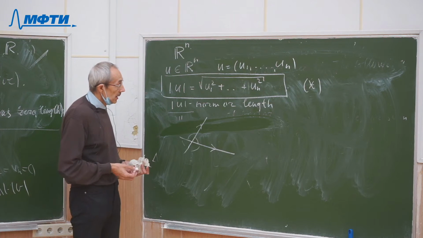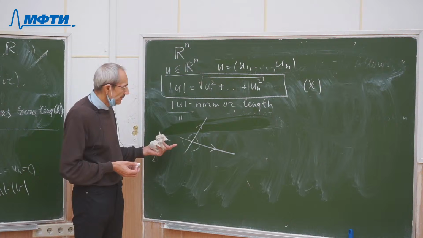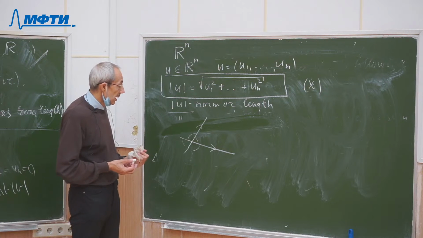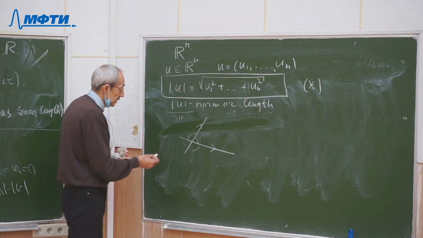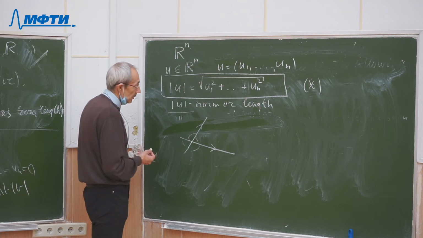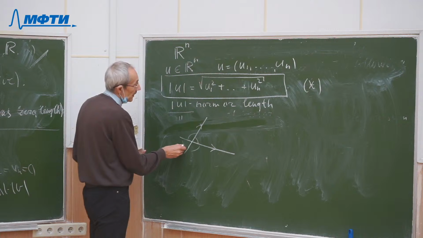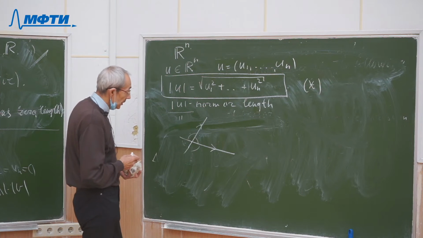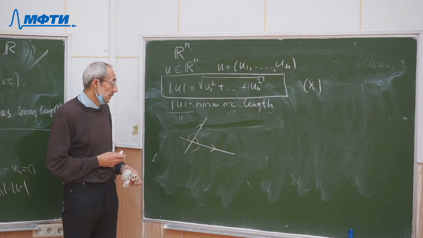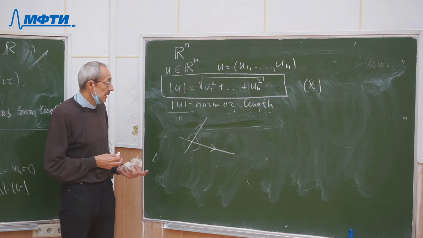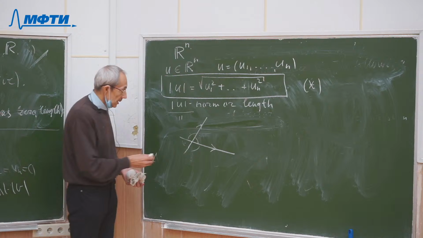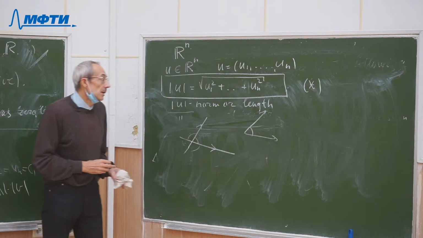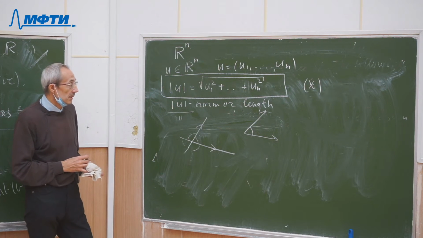These two straight lines define four angles, two pairs of vertical angles, and each pair of vertical angles has the same measure. But in the case of vectors, the angle between vectors is defined uniquely.